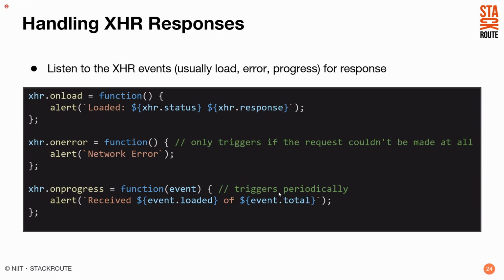The first is the onload method. The other one is error: whenever the request could not be made, it will result in an error. The third category is on progress: the server is going to process my response, the response is not over yet, it is progressing.